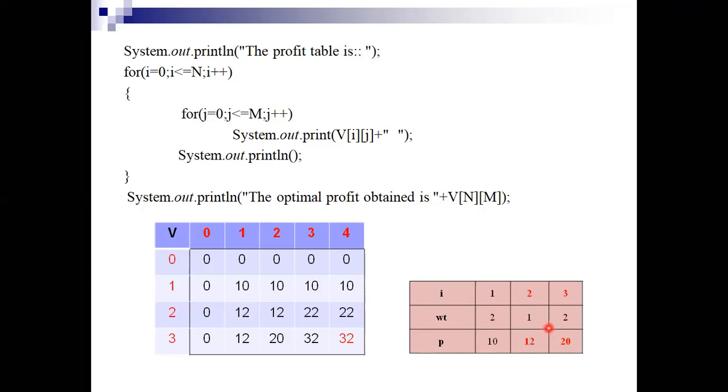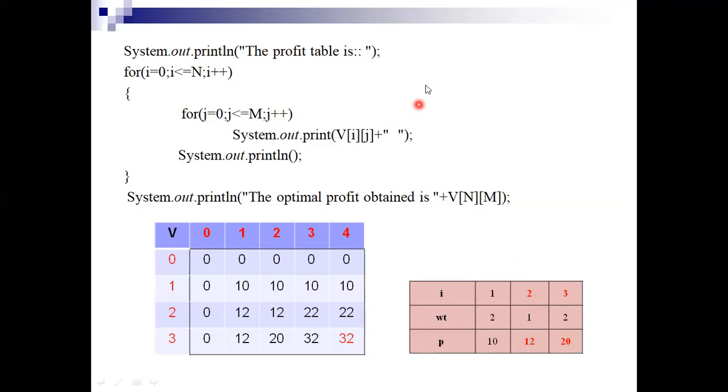So of 4, I have placed only 3. The weight of the objects is only 3. So 1 is there, but I cannot place half. Not possible here. I can place completely or I cannot place. So I have selected the objects 2 and 3, and the profit of the second is 12, third is 20, wherein the total profit is now 32.